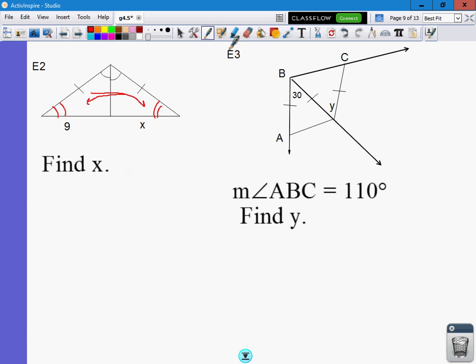What if I were looking at them now individually? What if I was looking at this triangle and I wanted to compare it to this triangle? What can you tell me about those two triangles? Yep. Can you tell me why? You're right.